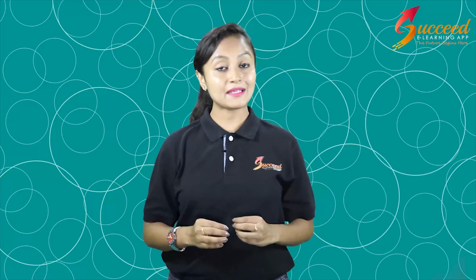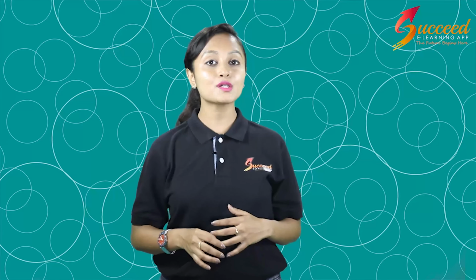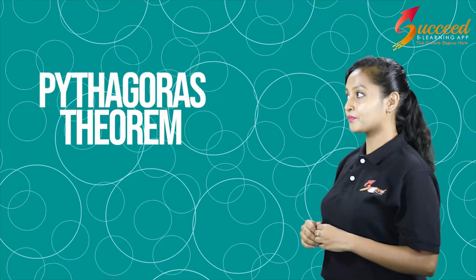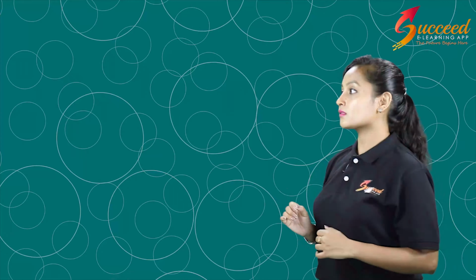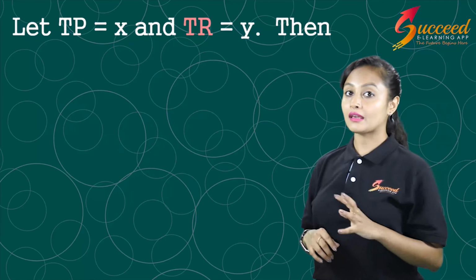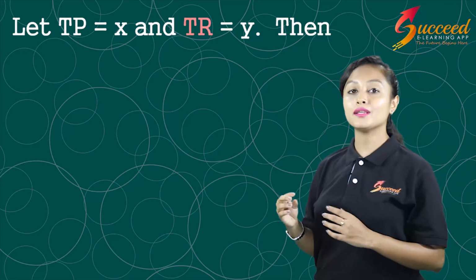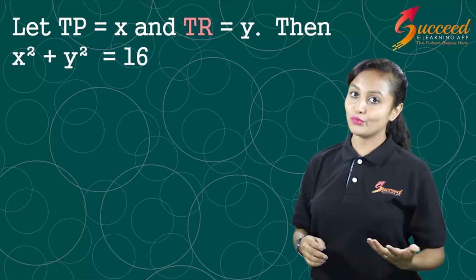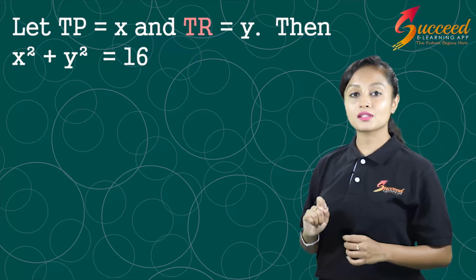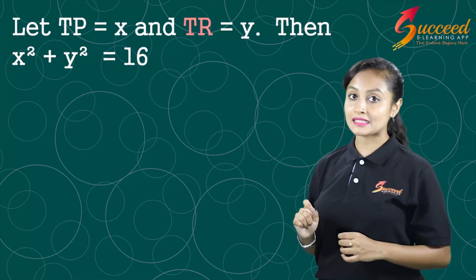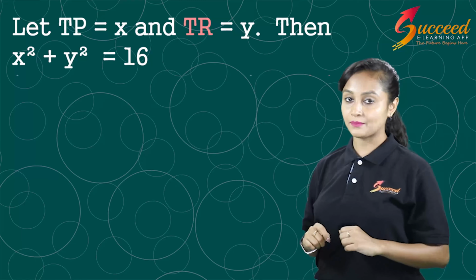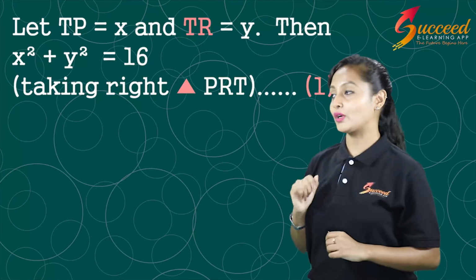Note that TP can also be found by using Pythagoras theorem. So this is as follows. Let TP be x, that is TP is equal to x, and let TR be equal to y. Then we can write x square plus y square is equal to 16 from the triangle PRT. Mark this as equation 1.